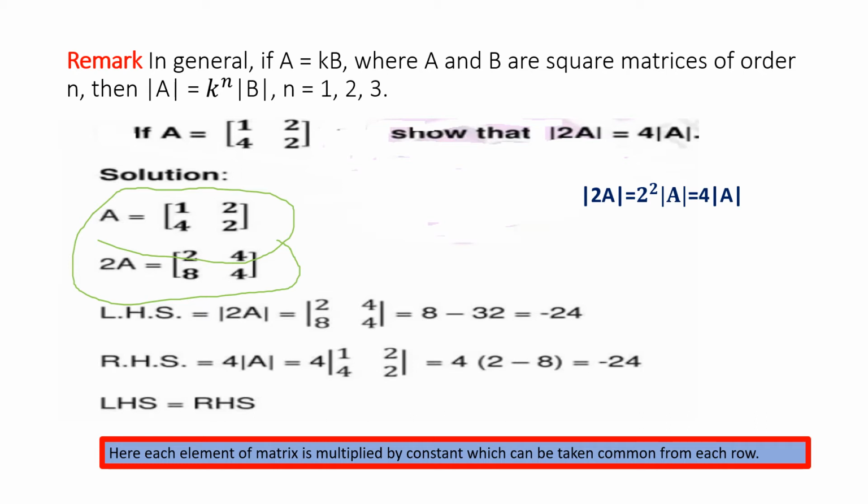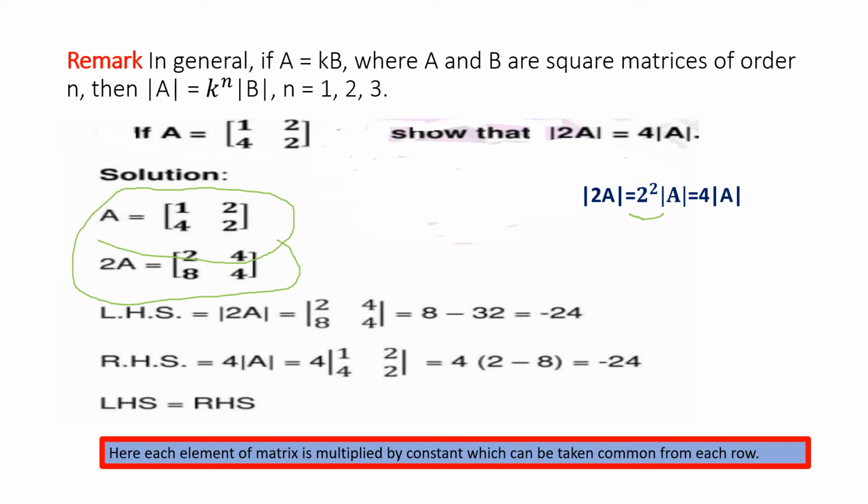So from each row, row 1 as well as row 2, you have to take out 2 outside. So it will become 2 square outside and the remaining things will remain same. So the answer will become 4 times determinant of A. This is the shortcut way to calculate the determinant.